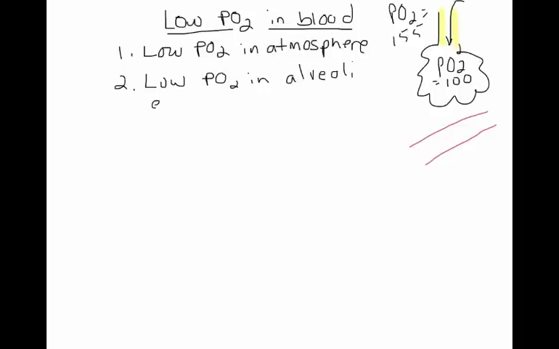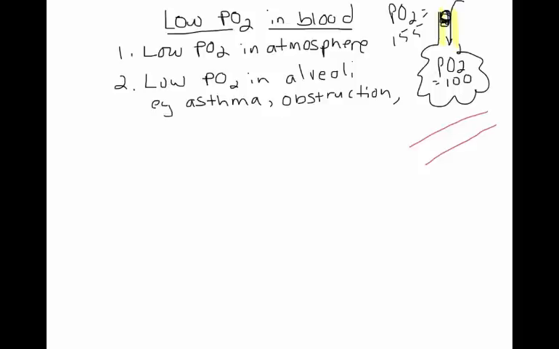So for example, if you have asthma with its associated bronchoconstriction, or maybe you're choking on something and you have an obstruction. We could draw, oh no, an obstruction here. And that would reduce the partial pressure of oxygen in the alveoli, because you would be having less ventilation happening.